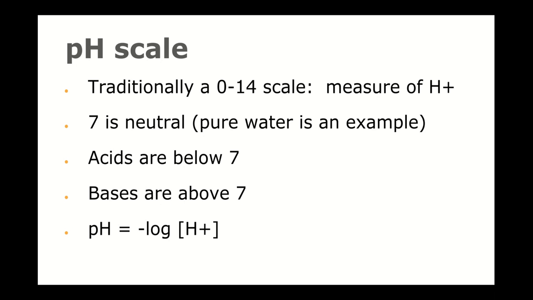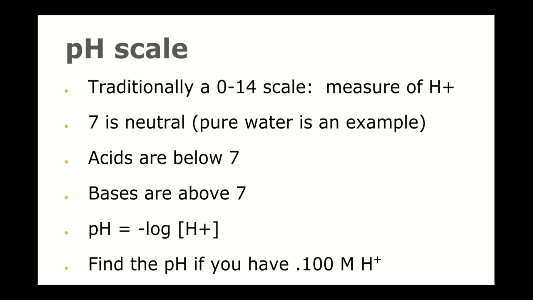So what that H+ in little brackets means is the concentration of H+ in molarity, which for right now, like I said, is going to be given to you. So we can see if we're all on the same wavelength here. We're going to try to find the pH if we have a concentration of 0.100 molar H+.